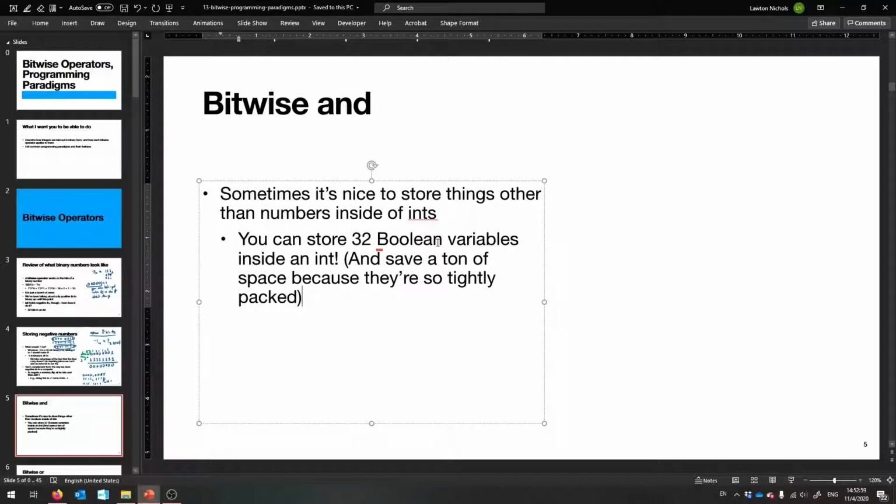So the way that you do that is you can individually do stuff with individual bits of a number. So there are ways to do things with individual bits of a number.